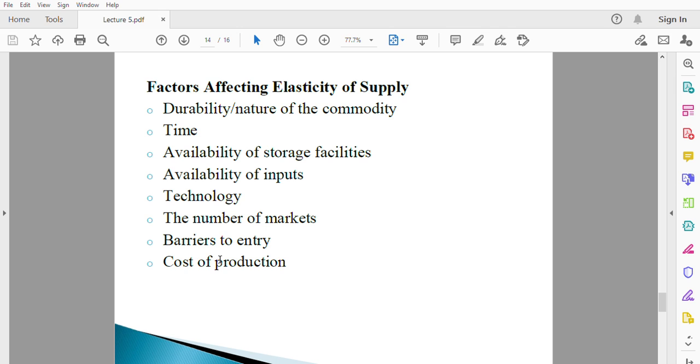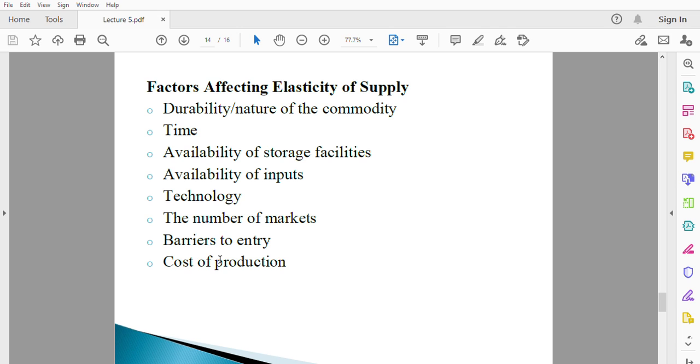But if the time period is very short, you may not be able to produce as many as you want to sell. So though price has increased, your supply will increase by a lesser percentage. So if the time period is short, your price elasticity of supply is fairly inelastic.